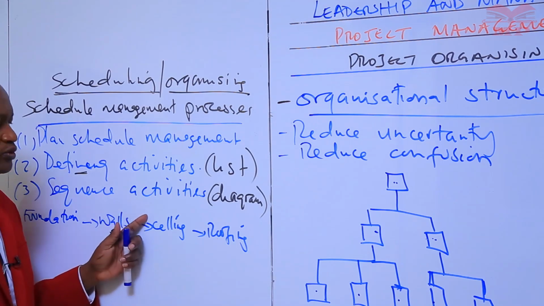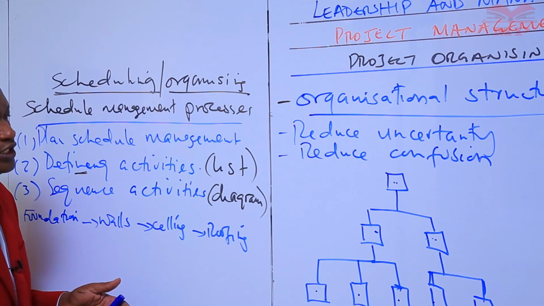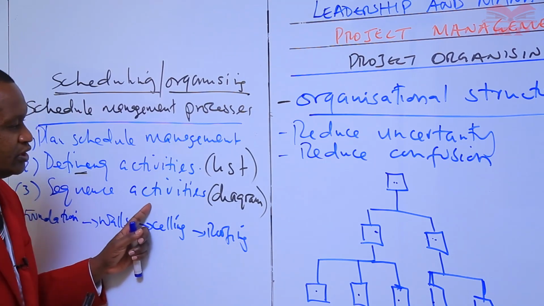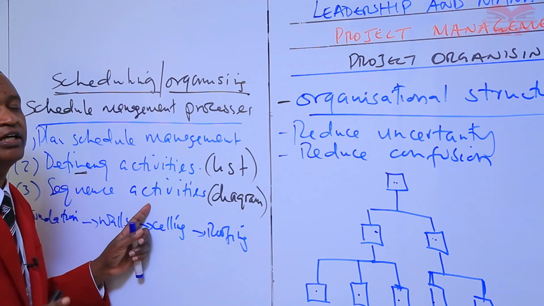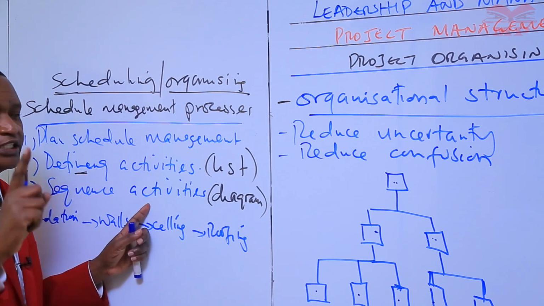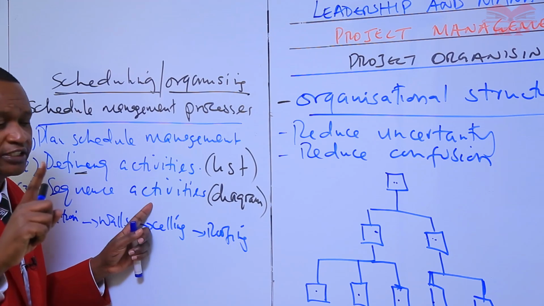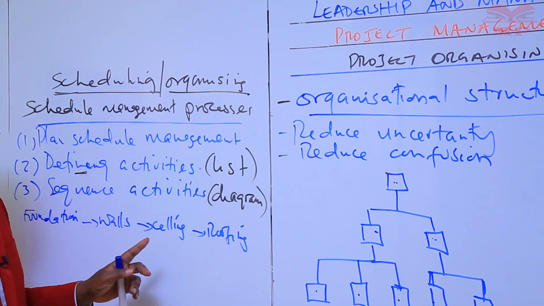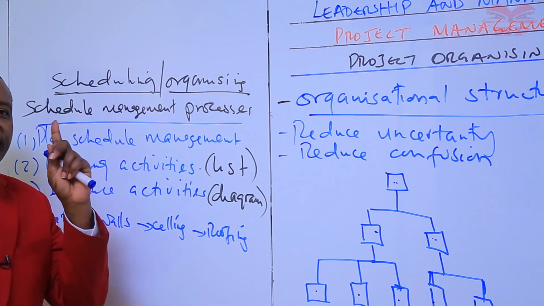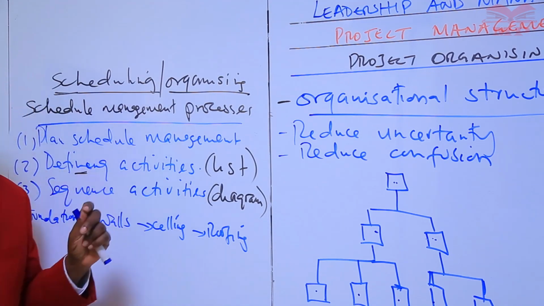And those of you who went through the old syllabus, the syllabus before the 2021 review, you must have covered the topic network in quantitative analysis, where students were taught how to develop a network diagram, project network diagram.